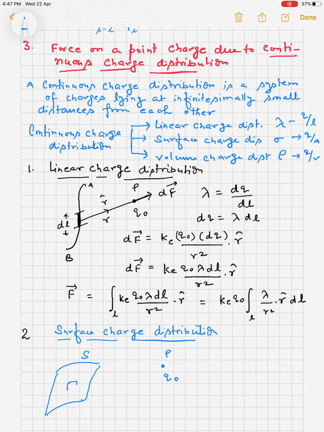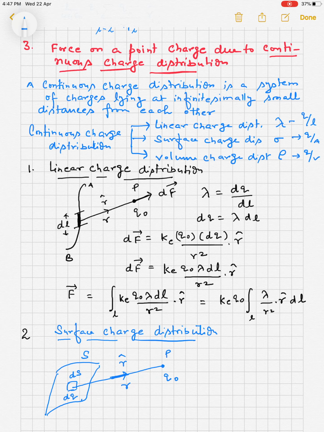So we consider a small element of the surface of area ds having charge dq. The distance from the center point of this element is r, and the unit vector in this direction is r unit vector. dq charge is distributed over the surface element ds.